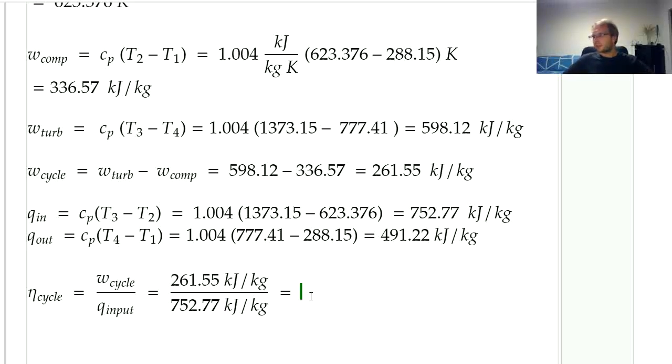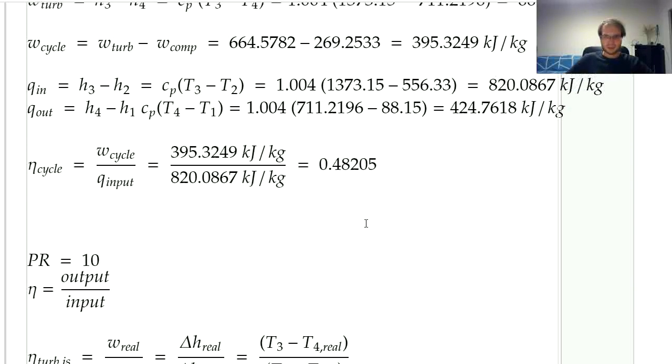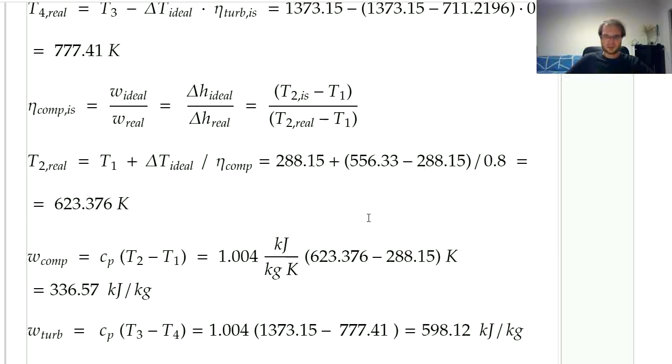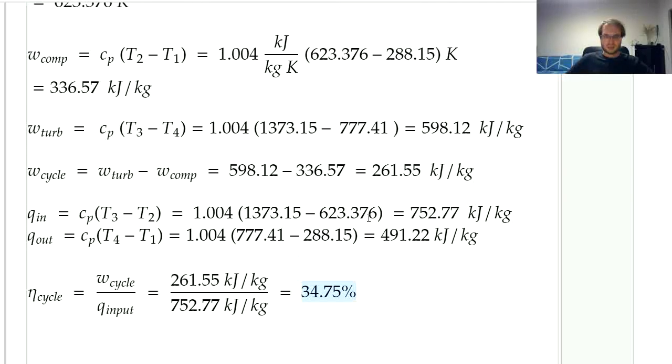And the resulting efficiency is 34.75%. So quite a significant decrease compared to the original value of 48%, and this is because of the efficiency of the compressor, 80%, and of the turbine, 90%.